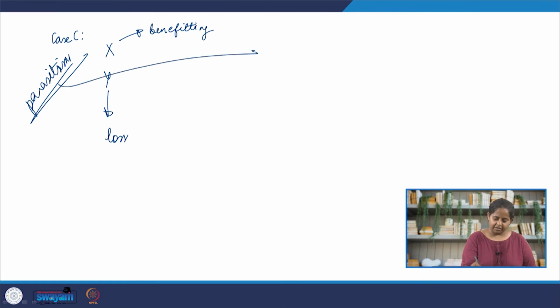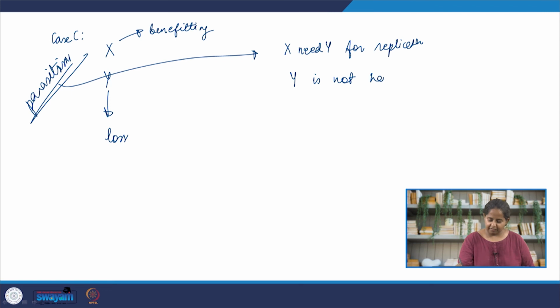One is parasitism, where X requires to feed on Y. So X needs Y for replication. So it's very similar to predation. Y is not happy, does not benefit from their interaction. Maybe there is not much loss too, so loss is not very much.